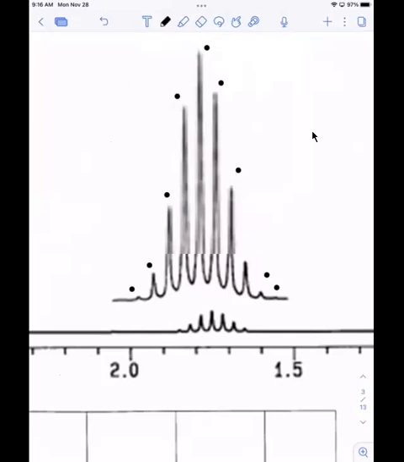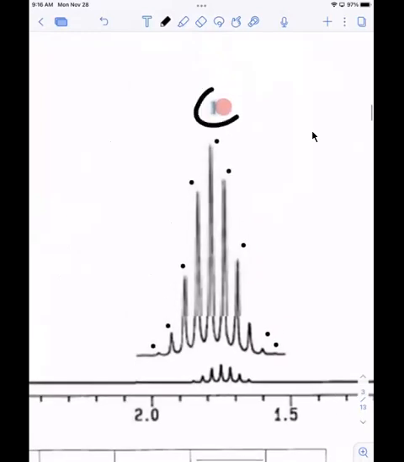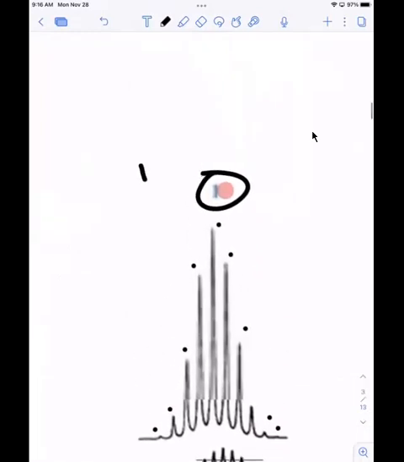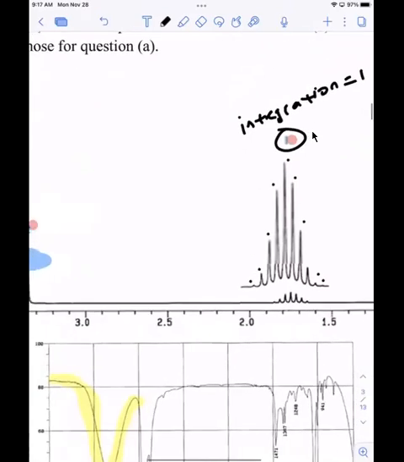So that's why it's not just 9 lines all the same height. Some spin states contribute more than others, so that's why it looks like this. So that's a total of 9 lines, and you can also see right here the integration is 1. So it's 1 proton, and it's a multiplet split into 9 lines.